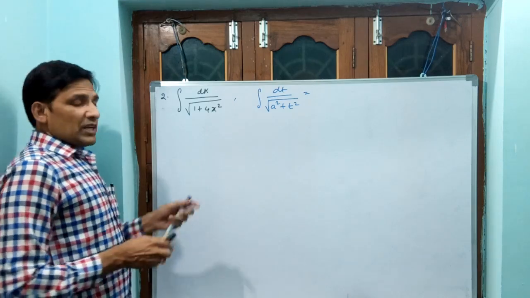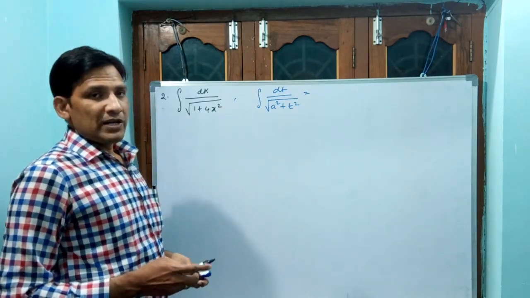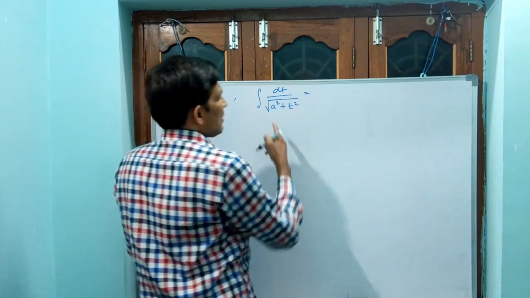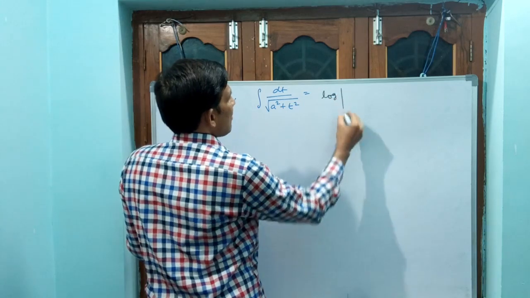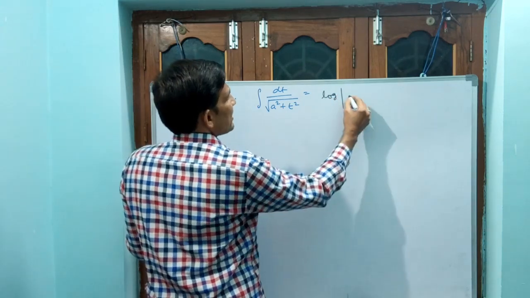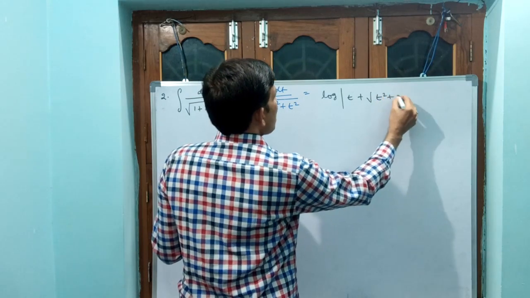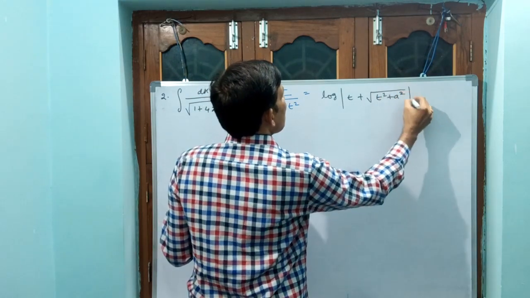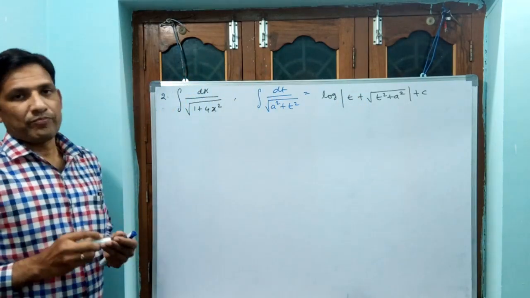If square root comes in the denominator, 1 by 2a will not come. Then directly, log of t plus square root of t square plus a square, plus c. This will be the formula.